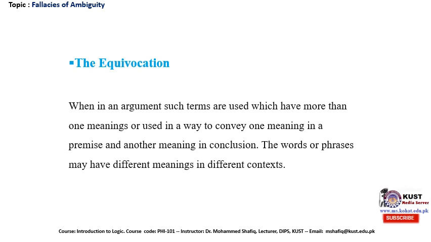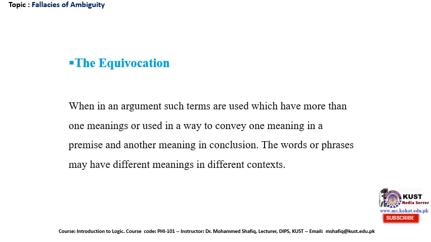So if I use the word right in the sense of being on the right side in the premise, and then I use the term right in the conclusion as correct, I would be committing the fallacy of equivocation because I am using the same term in different senses, in different meanings.